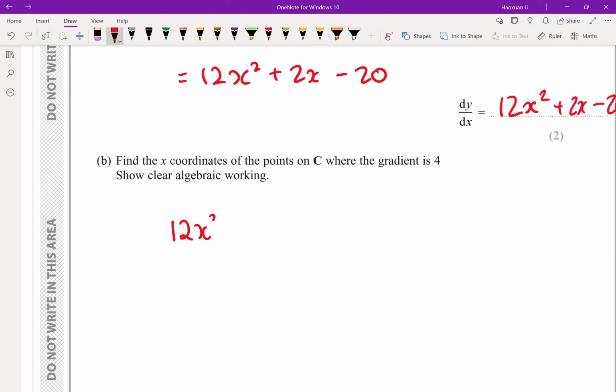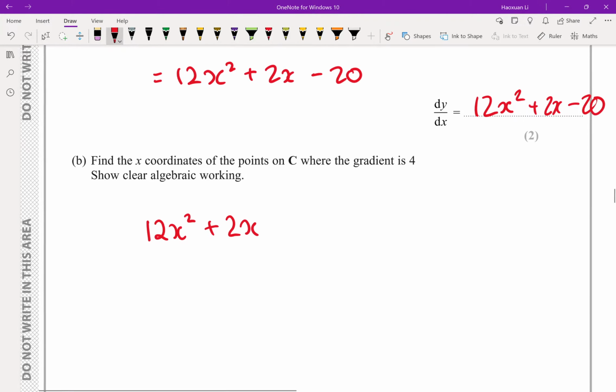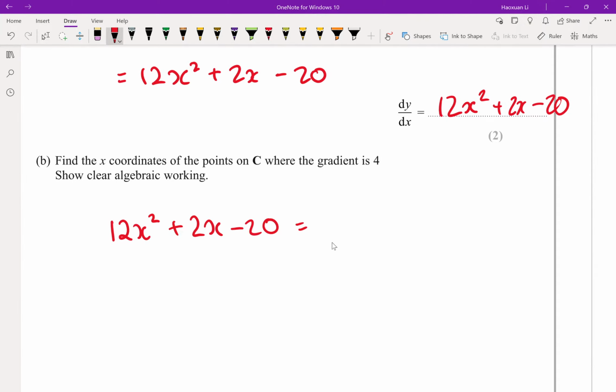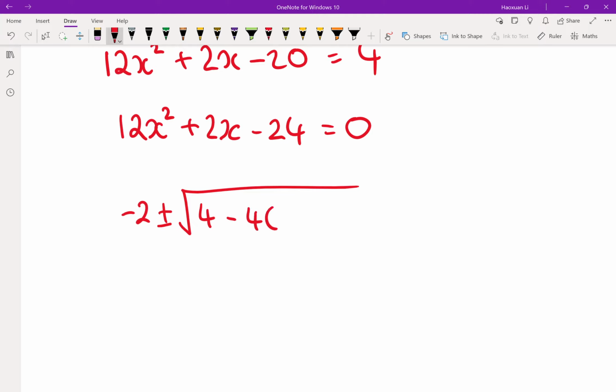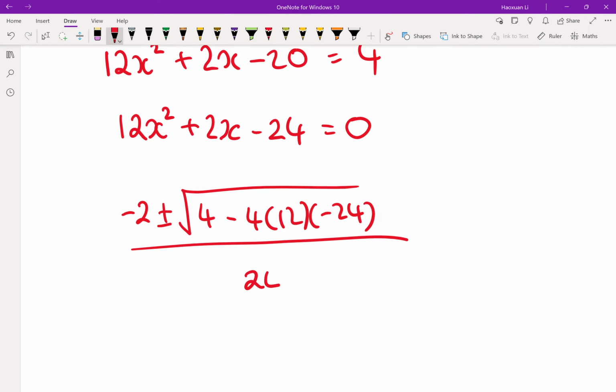So 12x squared plus 2x minus 20 is equal to 4. So you move 4 to the left hand side, and this should equal 0. So here's where you solve the quadratic. Negative 2 plus or minus square root of b squared minus 4ac, divided by 2a.